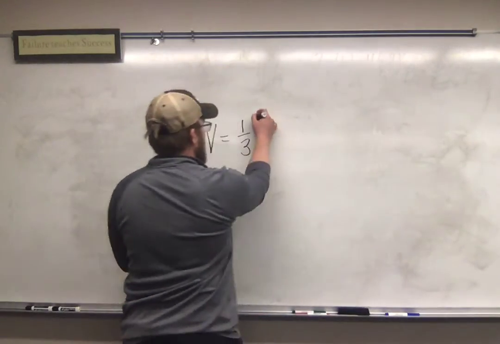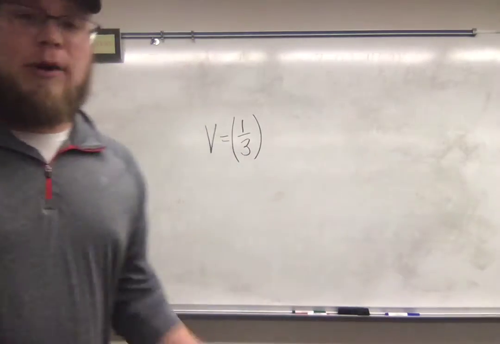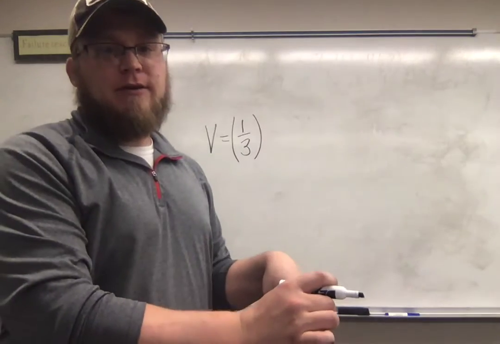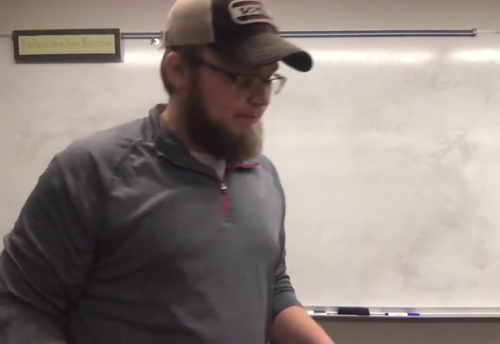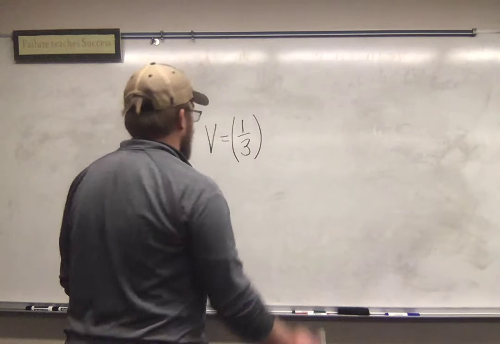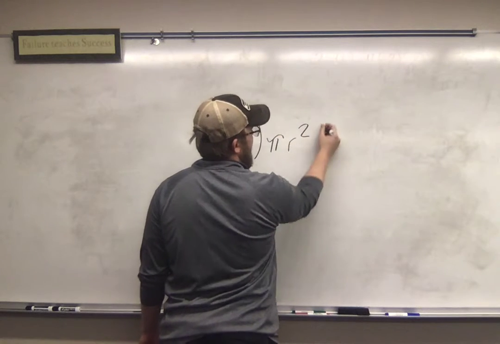I like to put that in parentheses on the calculator: parenthesis 1 divided by 3 parenthesis. Then you're guaranteed to get 1/3. And then it says pi r squared h.